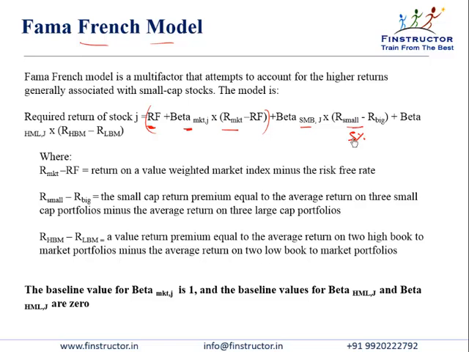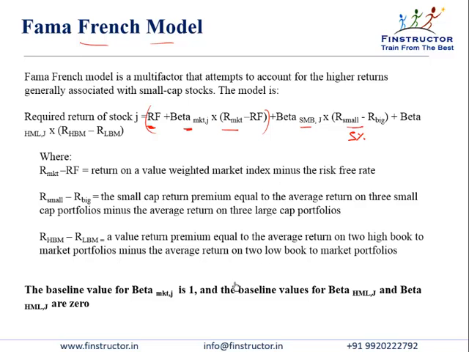Now depending on whether your company is small or big will be the value of beta. So if your company is small, then this value will be positive. If your company is an average size, that is neither small nor big, then the beta will be 0.